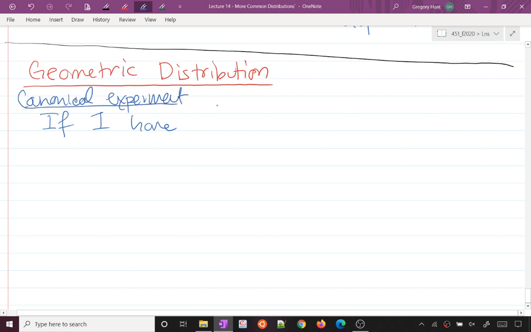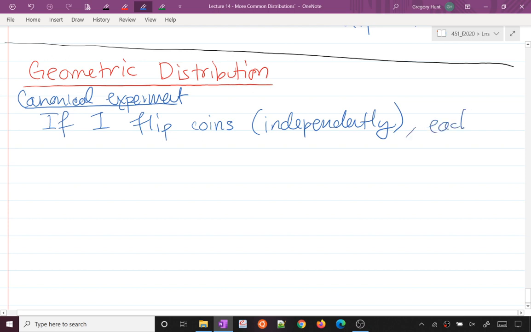If I flip coins independently, and let's say each has a probability p, which is some number in 0 to 1, of getting a heads.